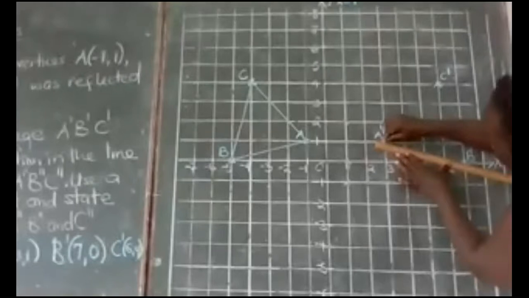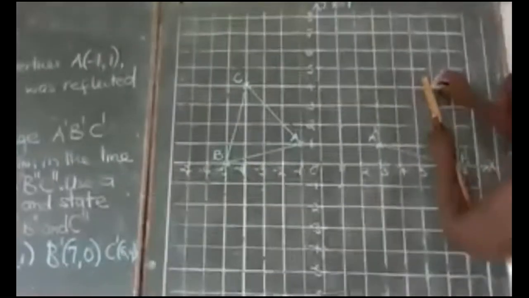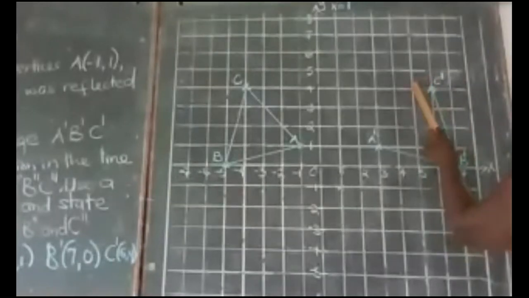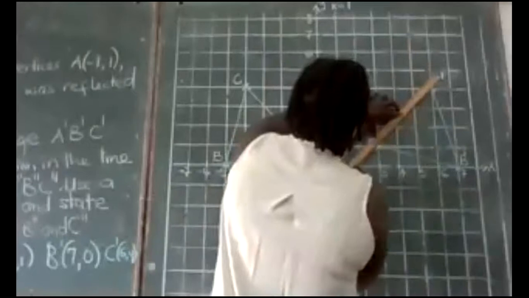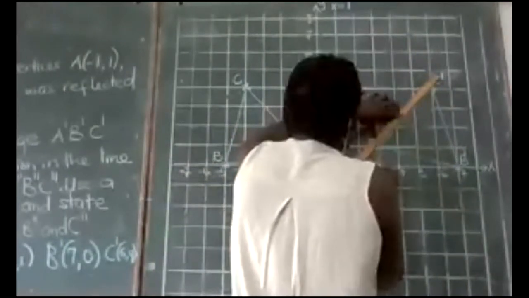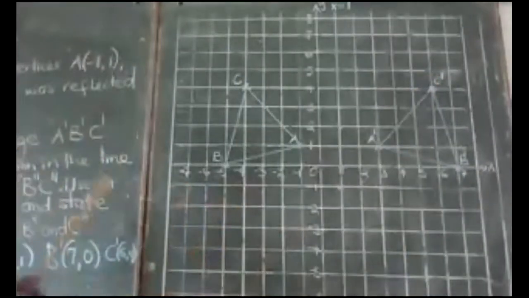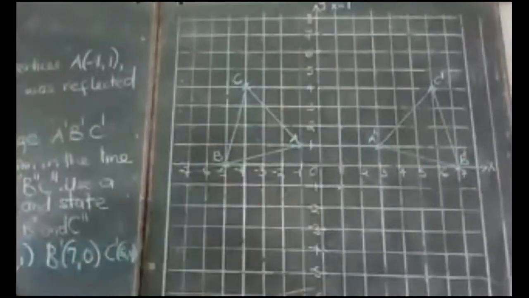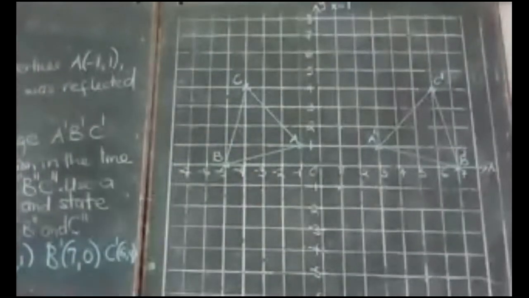I hope you're doing the same in your graph book. So there we have our first image through the line x is equal to 1. Any questions?